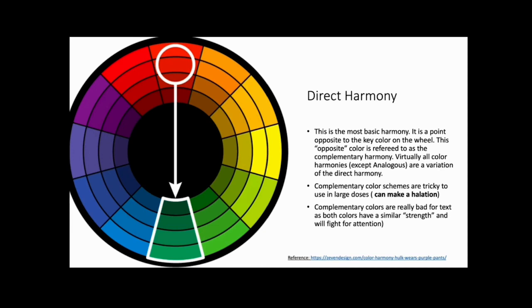So virtually all color harmonies are a variation of a direct harmony. Complementary color schemes are a little tricky because in large doses they can cause some crazy things to happen. And one of those things is called halation.